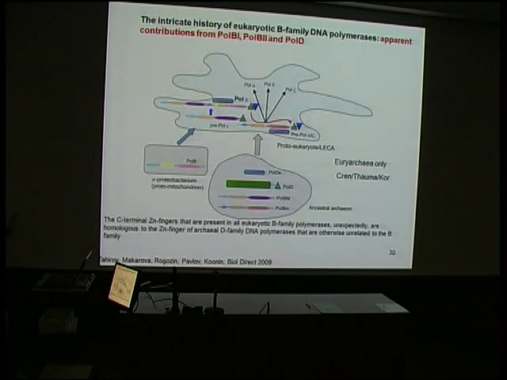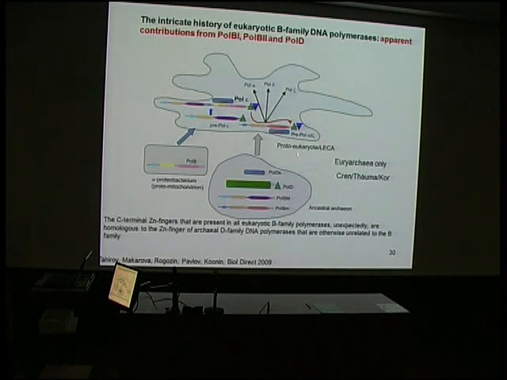So basically what happens is that the highly complex organization of the eukaryotic DNA polymerases involves contributions from different genes of archaea and possibly even bacteria that are found in different groups.